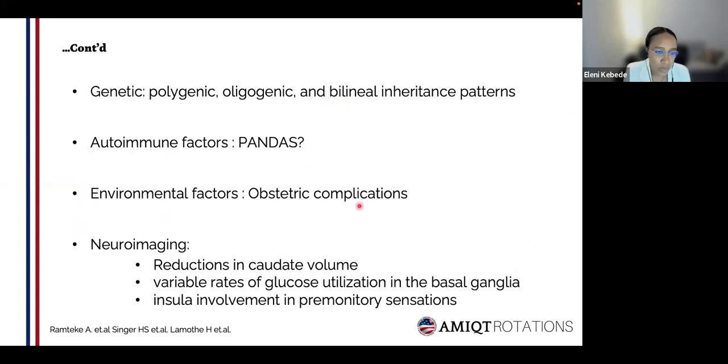Obstetric complications are specifically linked, such as intrauterine insults or C-section delivery, or pre-presentation. They've also seen early antibiotic exposure during the neonatal time. It might be a risk that's linked to Tourette syndrome. Some of the pathologies frequently recognized in neuroimaging are reduction in caudate volume, variable rates of glucose utilization in the basal ganglia, and insula involvement, like we said, with the urges.